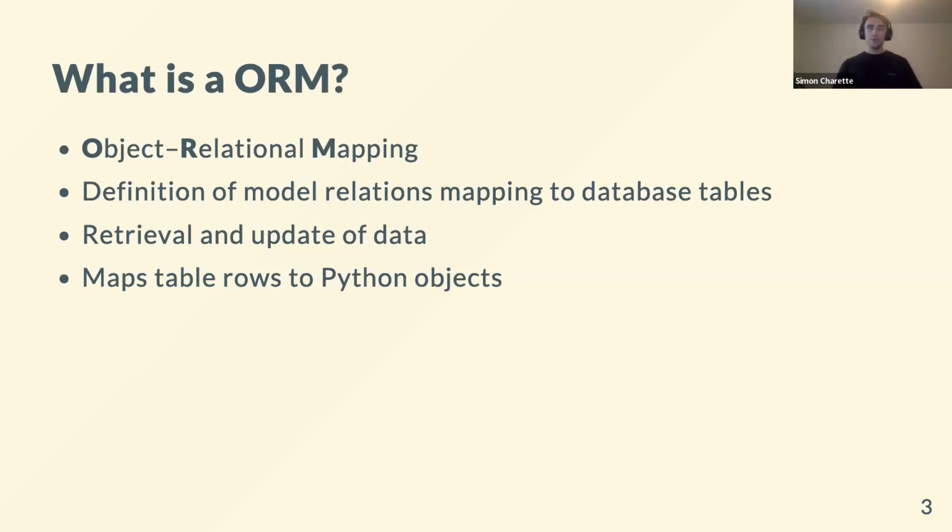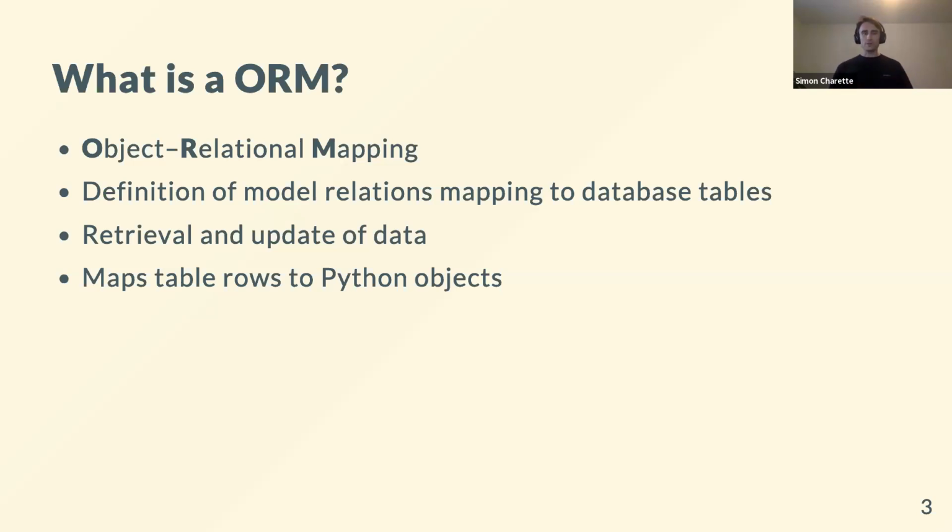So if you're able to define classes, it's conceptually easier to map classes to database tables and map instances of these classes to rows of the table. If that's a bit confusing to you, we're going to go over a few examples, but that's one of the reasons why this paradigm is often used in object-oriented programming.